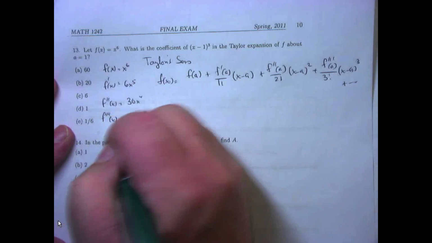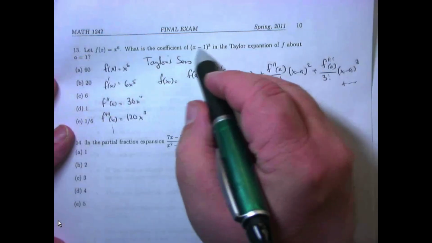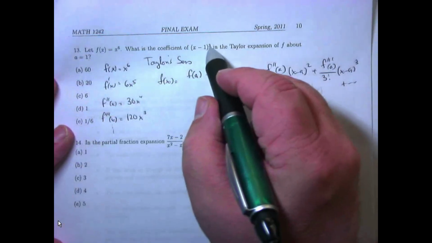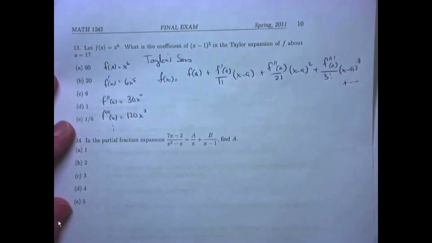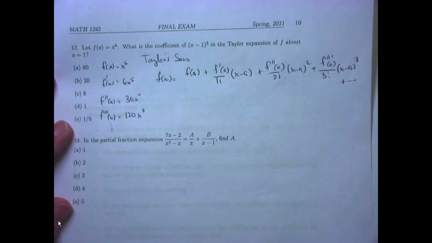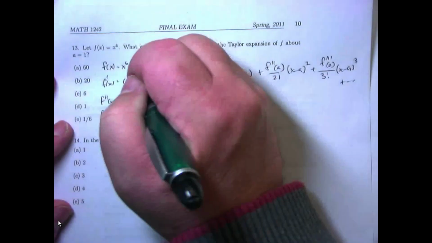I could do more derivatives if I wanted to, but they're after the (x minus 1) cubed. See that 3 right there? That happens to be linked to the third derivative, so that's why I stopped. Does that make sense? But these are my functions.